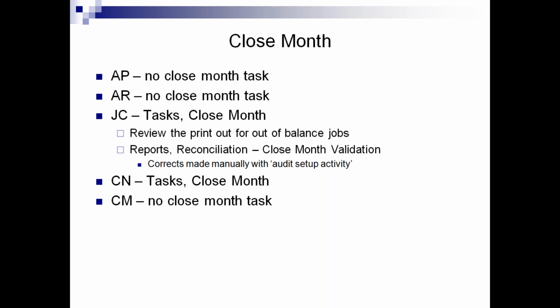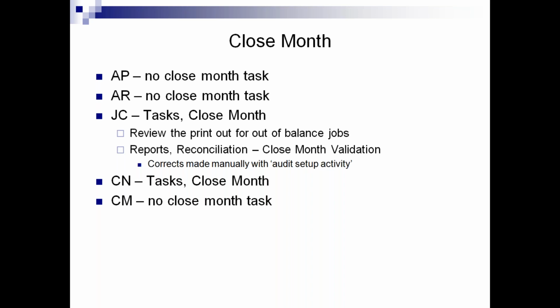If you take a look at page 12 of your handout, I've got a sample of where it doesn't, where one of the jobs does not balance. What you should see is a line for each job. Just peruse through that, make sure that every line says that the job is in balance. If it doesn't say that it's in balance, it's going to show you what piece of that job is out of balance. So if you take a look, there's a job there that says total estimated cost.